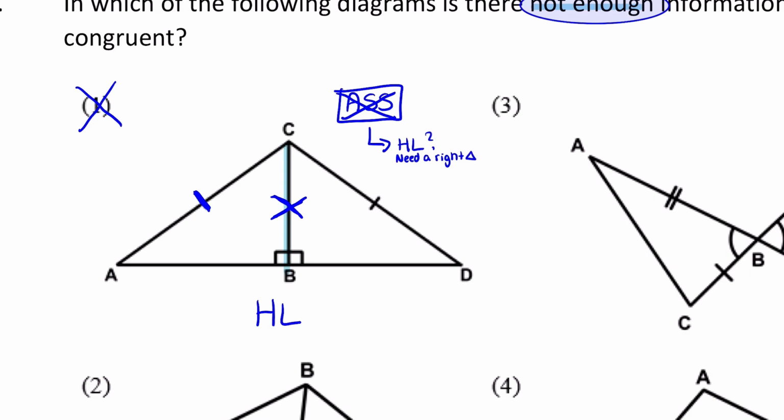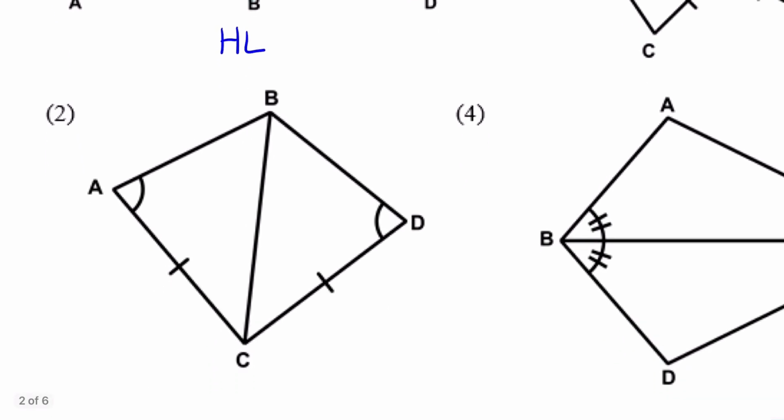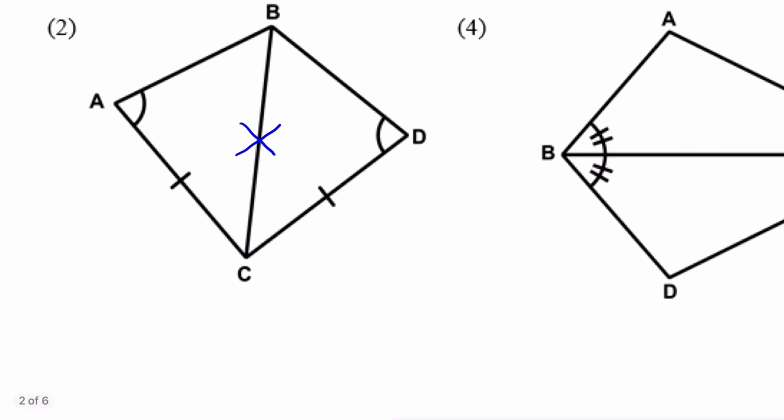Let's move on to number 2. Number 2, same thing. I see that I can use the reflexive property here. And I also see that I have angles and sides. The difference is, remember, you can always cover up one of the triangles. I believe that this is also angle side side, which I cannot use.